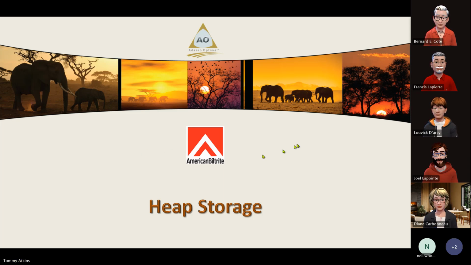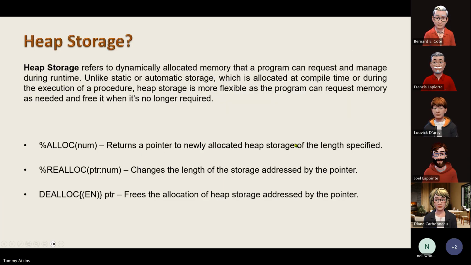However, heap storage refers to dynamically allocated memory that a program can request and manage during runtime. Unlike static or automatic storage, which is allocated at compile time or during the execution of a procedure, heap storage is more flexible as the program can request memory as needed and free it up when it is no longer required.